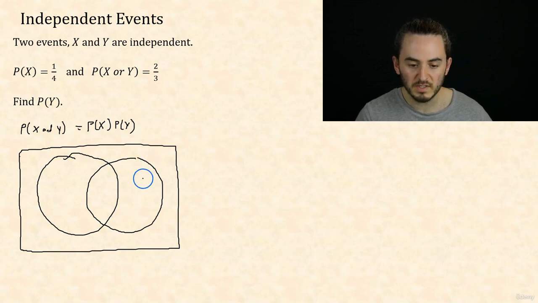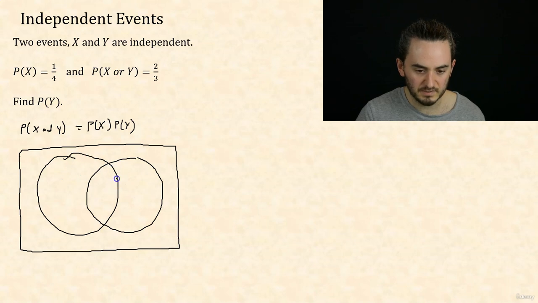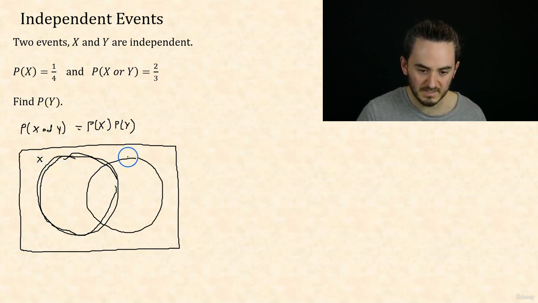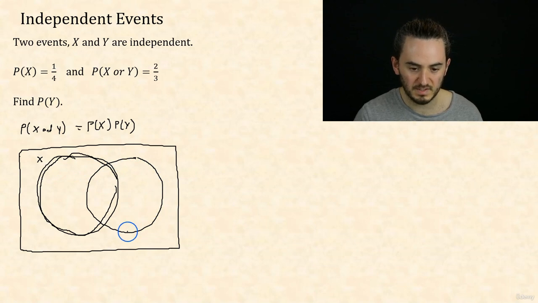Okay, we can already use that to work out this little region here, because this region here must be 2/3 minus 1/4. Okay, and the reason for that is if all of this, the x region, adds up to 1/4, and adding in this region here would take us up to 2/3, then that region in there must be 2/3 minus 1/4.